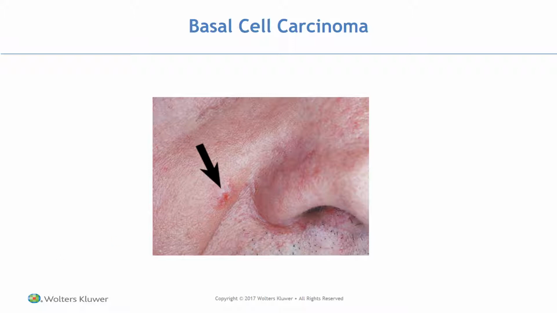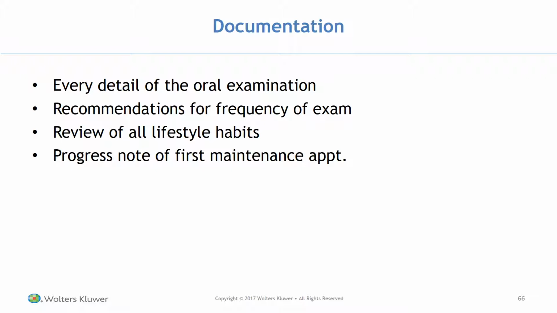So, all right, when it comes to documentation, we need to document everything. Of course, we always say that, right? So you need to document what source you used to obtain the cells. Every detail of the oral exam and follow-up procedures all need to be sent out to the consultants and the laboratories, and another copy needs to be kept for the patient record.